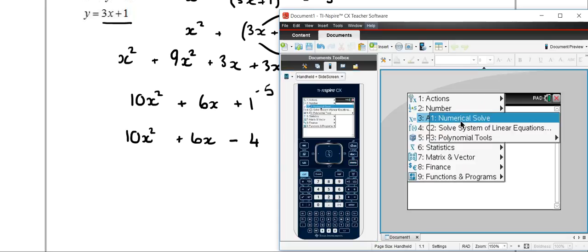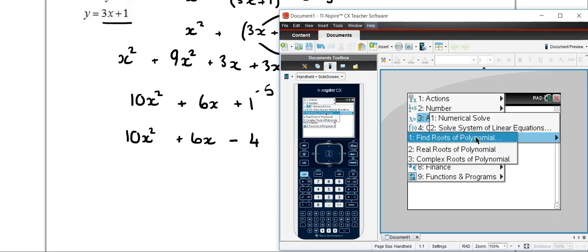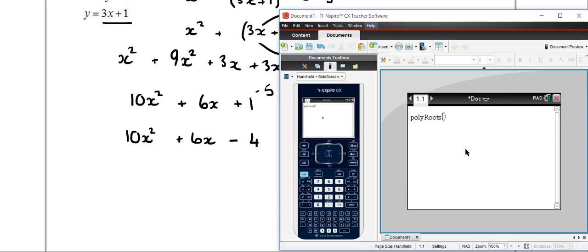Algebra. Solve system of linear equations. No, I think it's polynomial. No, it's not linear, is it? Because it's a quadratic. Polynomial. Oh yeah. And then it's real roots. Real roots, find roots, yeah. Find roots or real roots.